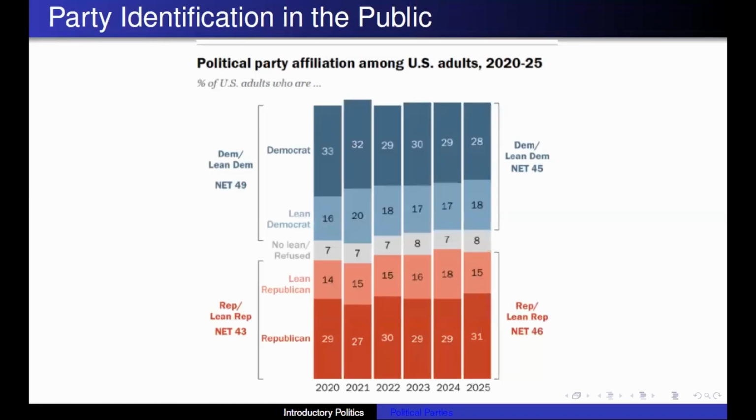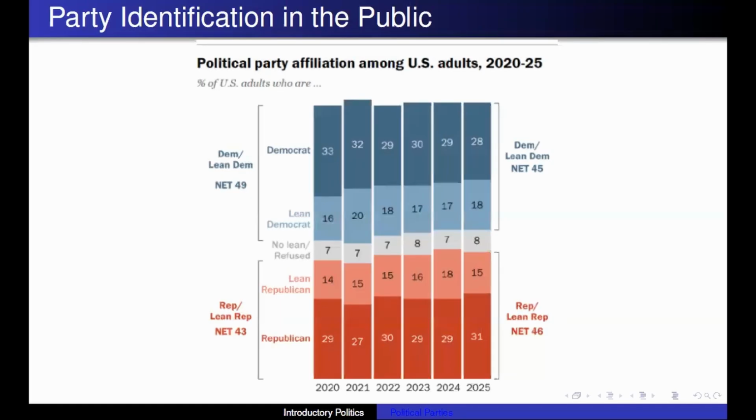And so when it came to 2020-ish party affiliation, we saw that about half of members of the public were Democrats, and that was those who were solid Democrats and those who were, say, independent but leaned Democrat. On the other end of the spectrum, those who leaned Republican or are more solidly Republican, we saw that at around 43%.